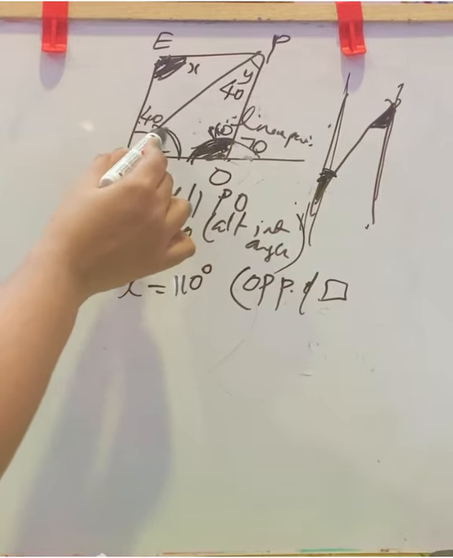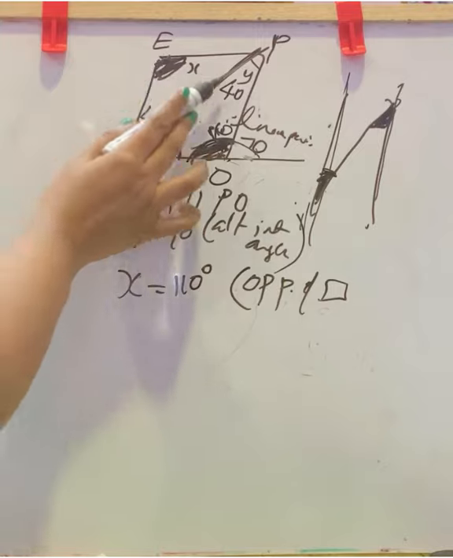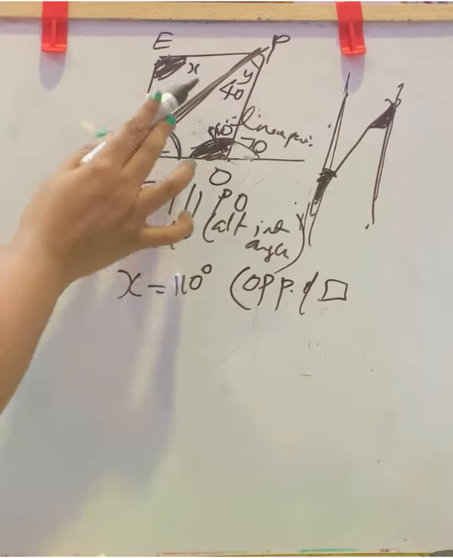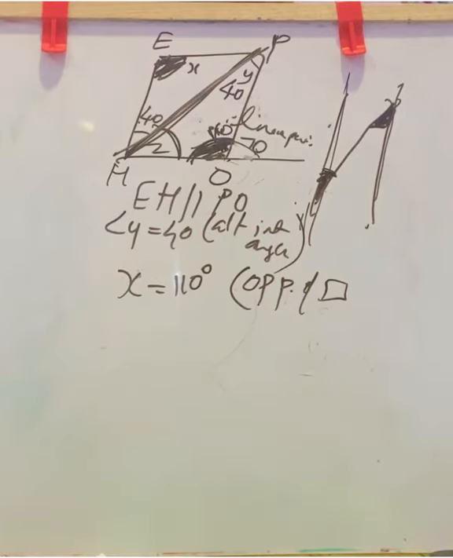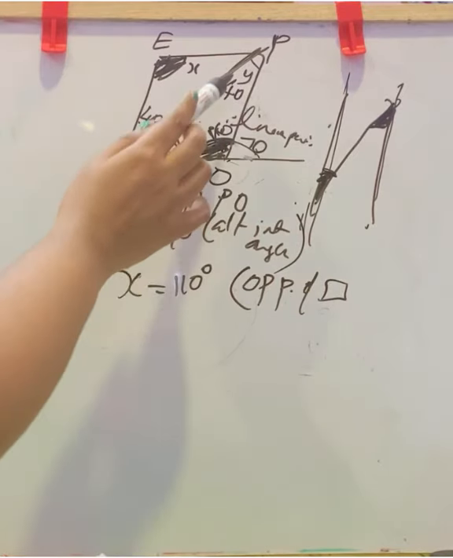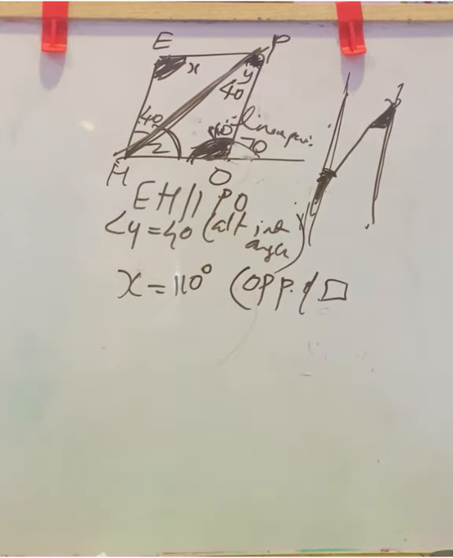You have to find z. You can see this is a diagonal. Here we have an upper triangle and a lower triangle. In that lower triangle, use the angle sum property. We already have two angles. This angle is 40, this angle is 110. So it is easy for us to find z.